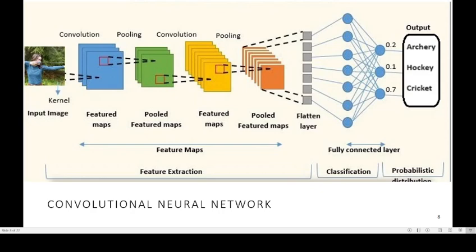Initially, pre-processed images of dimension 224 x 224 are fed into the input layer. Within the hidden layers, convolutional layers analyze the images to extract features, which are subsequently downsampled through pooling layers. Additional convolutional layers further enhance feature extraction. Finally, the fully connected layer leverages learned features to classify the image accurately.